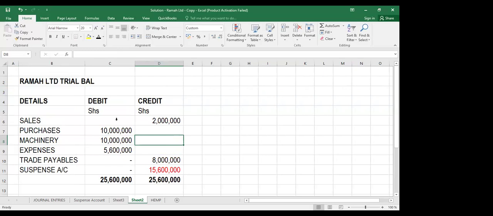So in case you're presented a trial balance or you've prepared a trial balance and it doesn't balance, you have 25.6 million on your debit side, then you have 10 million on the credit side.